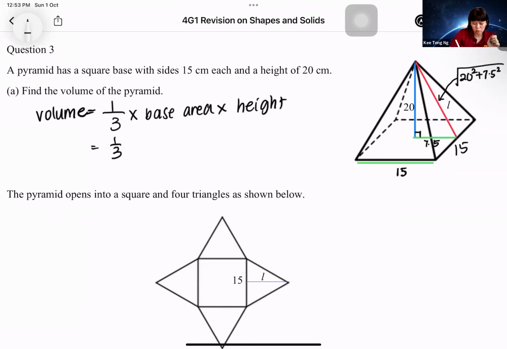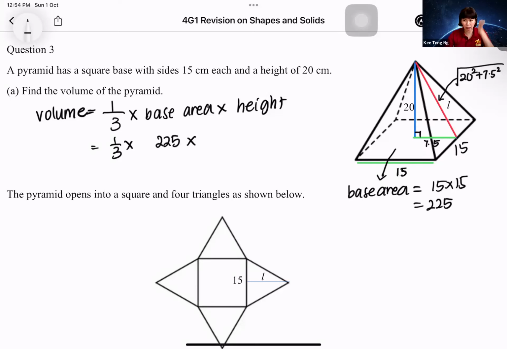The base area over here is a square. What's the area of a square? 15 times 15. That gives me 225. So 1/3 times base area 225 times the vertical height over here, which is 20.